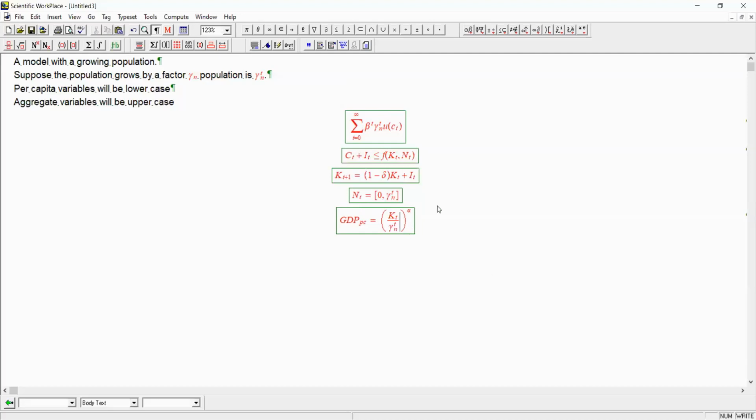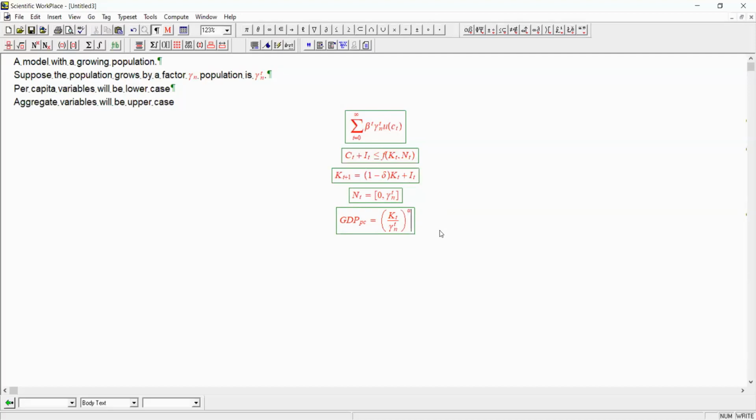So in order to get sustained economic growth, first of all, you would need to have an increasing amount of capital per person, not just capital altogether. But second, this function is concave, because this alpha here has to be between 0 and 1.